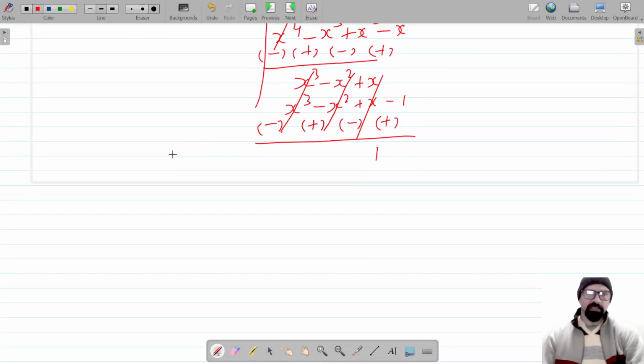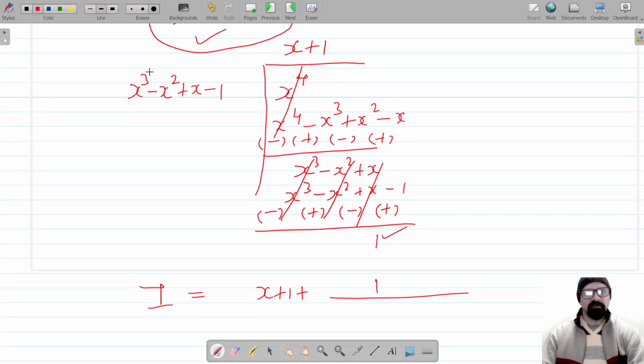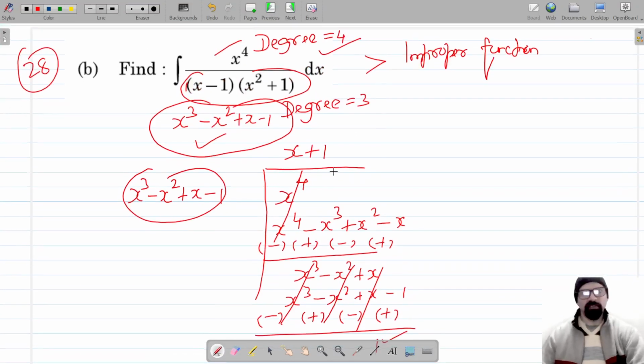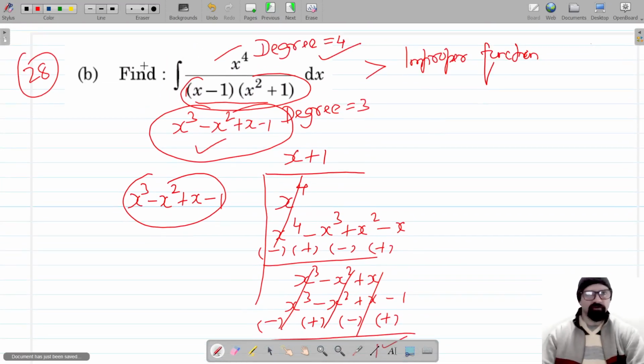That means I can write this integral I as x plus 1 plus 1 upon x cubed minus x squared plus x minus 1, which was originally this function.